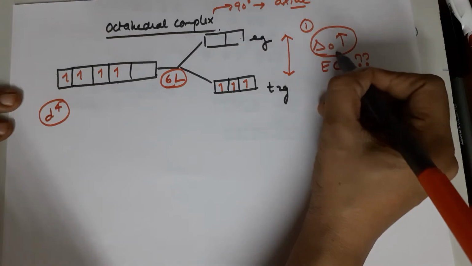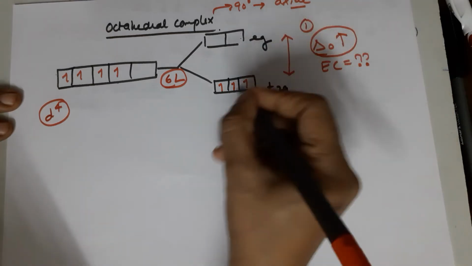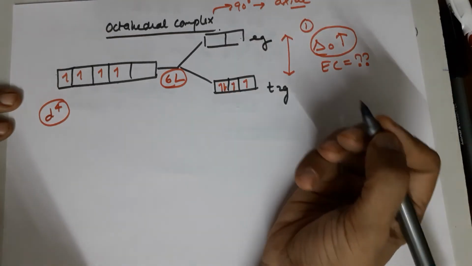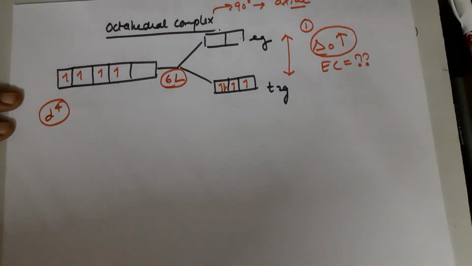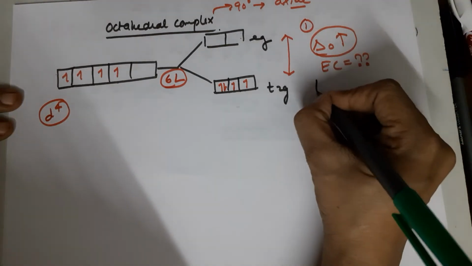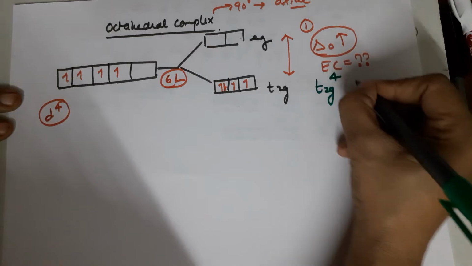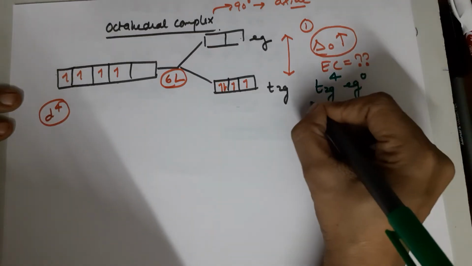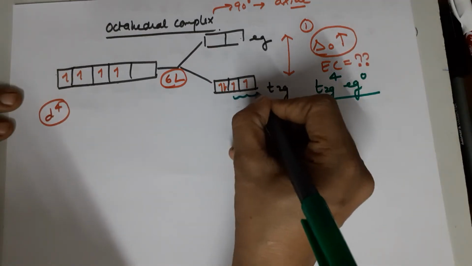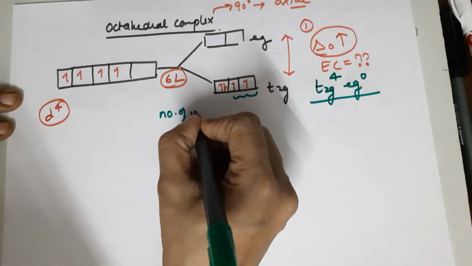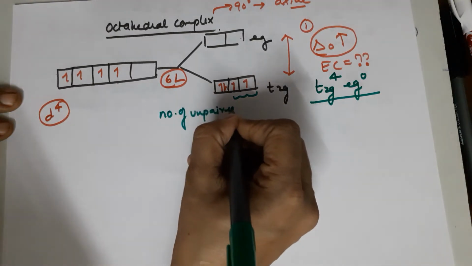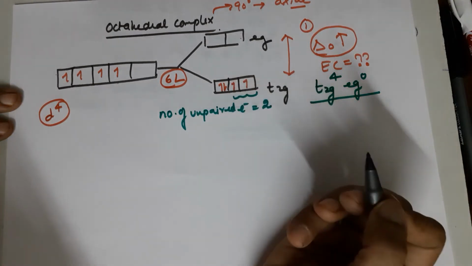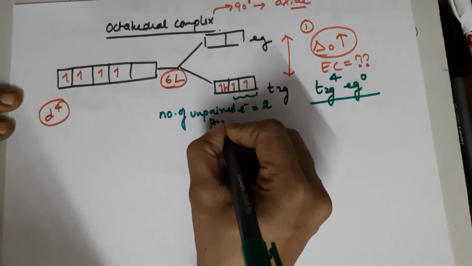Since the energy difference is large, the 4th electron cannot move up. You will have to put the 4th electron here. So your electronic configuration in such a case would be T2G has 4 electrons and EG has 0 electrons. Therefore, here again the number of unpaired electrons would be 2, and this becomes paramagnetic.